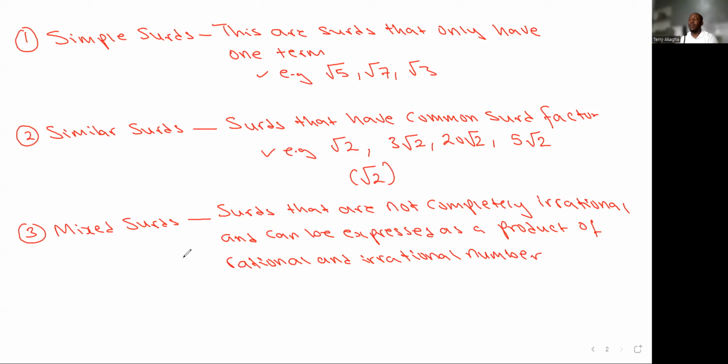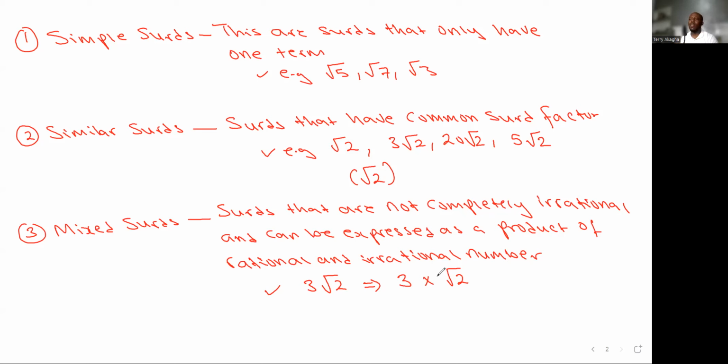So for example, let's pick 3 root 2. This is what we call a mixed surd. You can see that 3 root 2 is the same thing as saying 3 times root 2. Now 3 is a rational number, root 2 is an irrational number. If you've not watched my previous video where I talked about the difference between rational and irrational numbers, I would advise you to have a look at it.